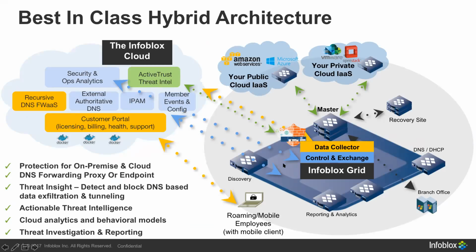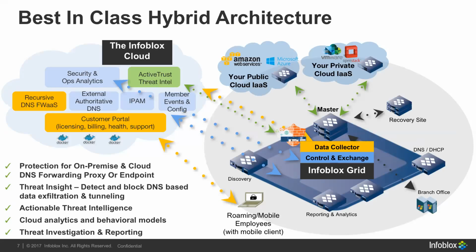On the bottom right corner, for customers who deploy our Infoblox DDI solution, we have additional capabilities from our best-in-class hybrid architecture. This enables customers to run ActiveTrust Cloud on their existing grid by upgrading their existing appliances and forwarding their DNS traffic up to the cloud, leveraging their existing investment.